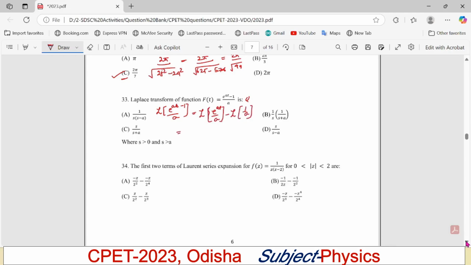Here a is a constant taken outside: 1 by a, Laplace transform of e to the power at, minus 1 by a, Laplace transform of 1.